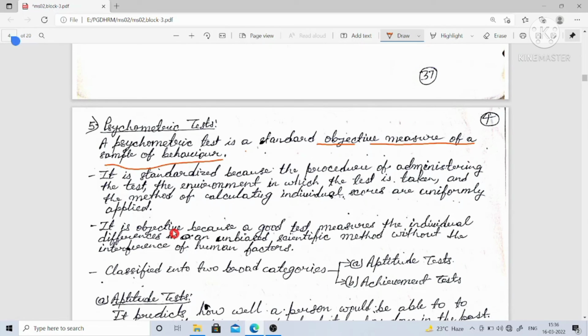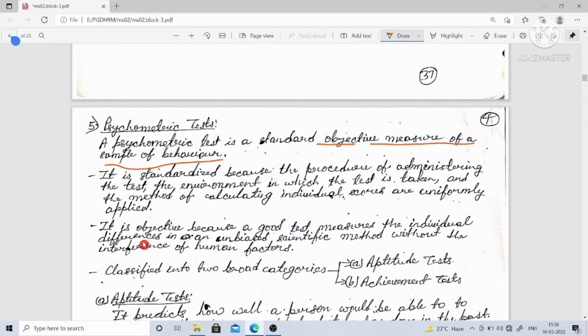Because a good psychometric test measures the individual differences in an unbiased scientific method without the interference of human factors. It means it is objective as it is not biased and uses a scientific method without interference of human factors.